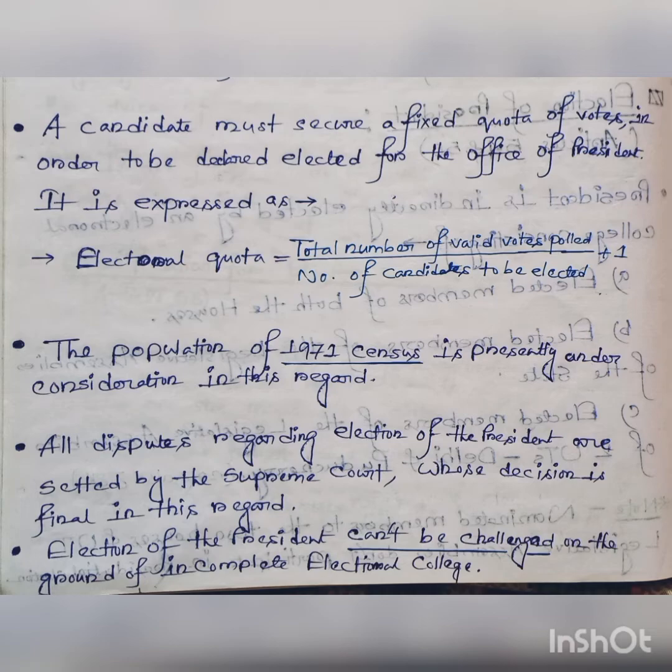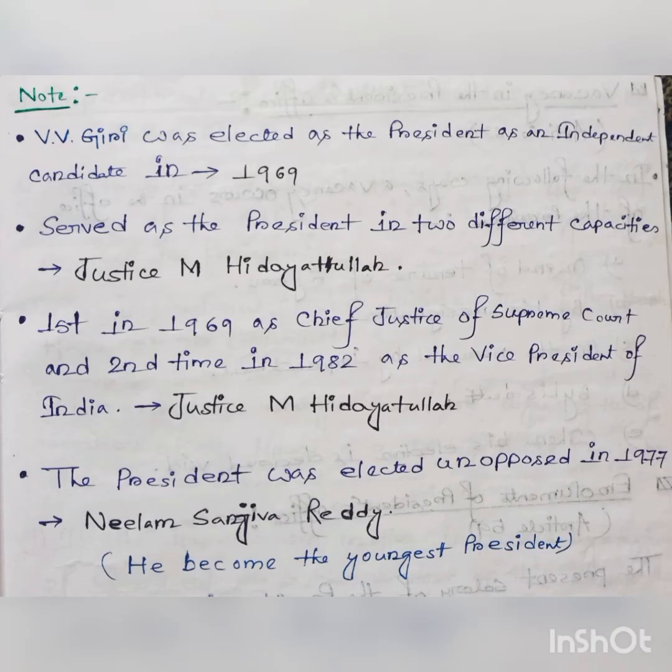Next point, some notes on the President of India. V.B. Giri was elected as President as an independent candidate in the year 1969. Next point, the person who served as President in different capacities was Justice M. Hidayatullah, first in 1969 as Chief Justice of the Supreme Court, and second time in 1982 as Vice President of India.